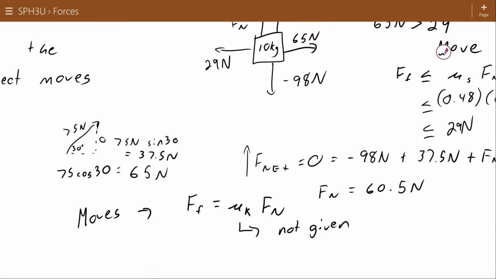So the truth is in B and C, I can't come up with the value of the frictional force because I don't have the given information. I don't have the coefficient of kinetic friction. The good news about that is that you'll notice in this formula, and we'll talk about this more later, an equal sign is here instead of a greater than or less than kind of business. So this formula will always give us a definite value for the force of friction if something's moving.